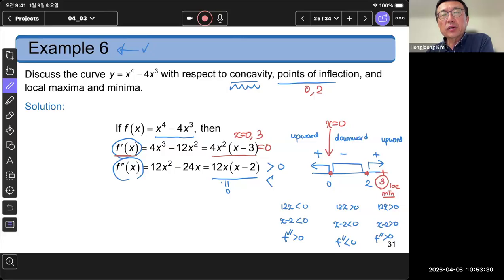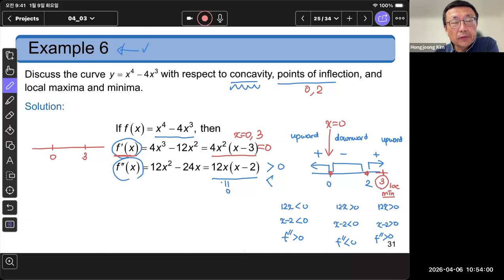In that case, people usually consider the graph of the function. You remember what I did in the previous example? Given f prime, I could find some general shape of the graph, right? So f prime is 0 when x is 0 or 3. So the real line is split into 3 pieces as well.